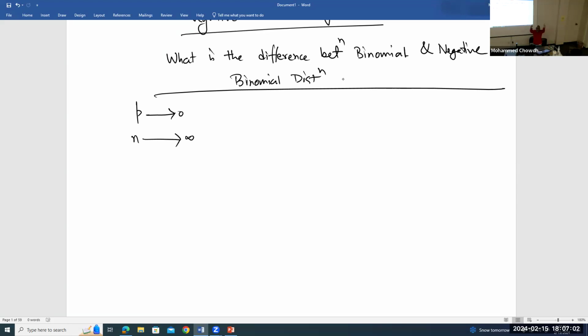For example, how many cars pass by the railway station in 24 hours? Maybe 100,000. How many accidents? 1, 2 or 0, right? So the probability of an accident is very low, right?